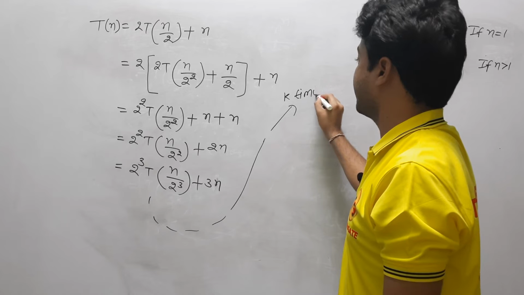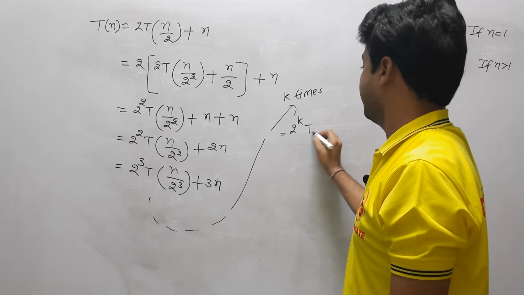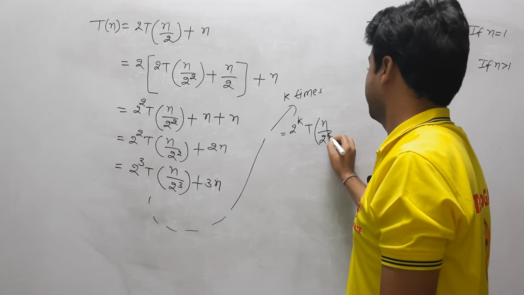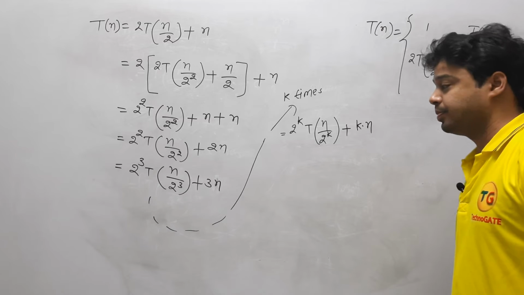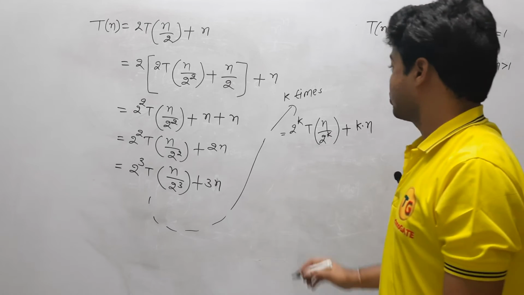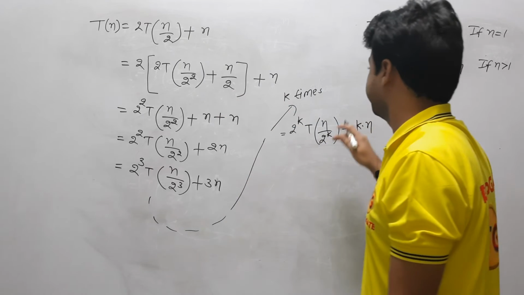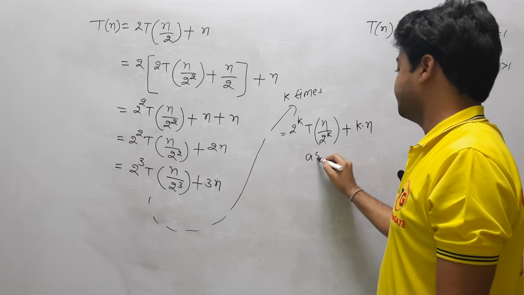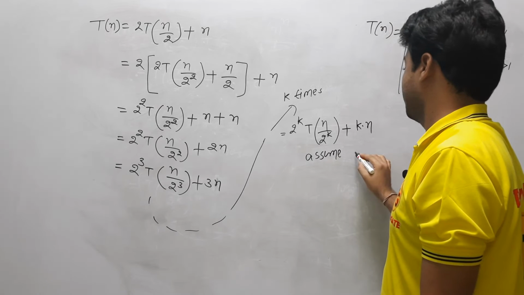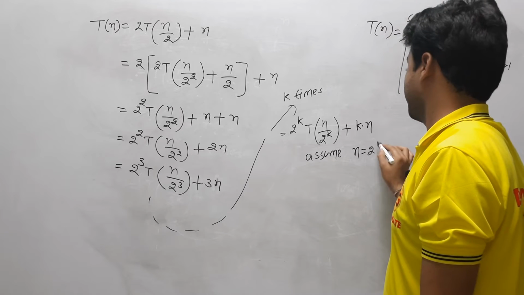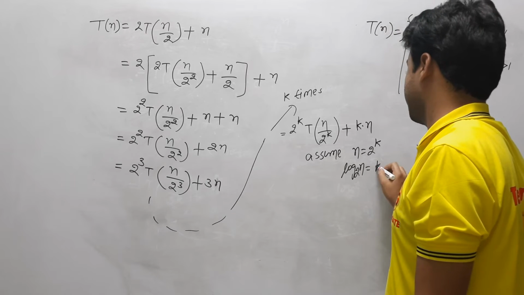Then we get 2^k T(n/2^k) + k·n. So whenever you see division, always assume n equals 2 raised to power k. Take log on both sides, log n is k.